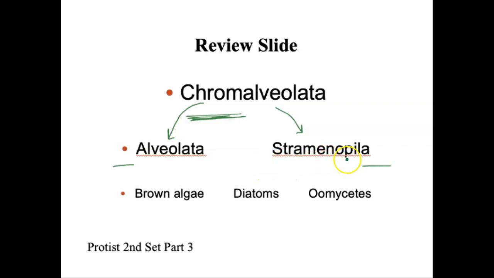And then once you're in straminopila, what makes brown algae unique? What makes it different than the others? What makes the diatoms different? And what makes the oomycetes different? What are their key traits or features that you could use to say, this makes these guys different?